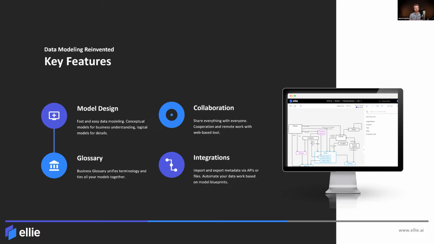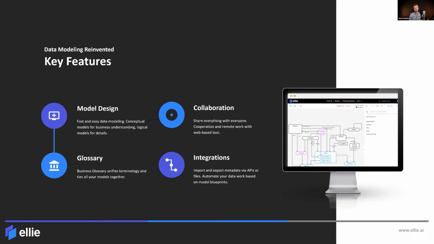So figuring out the business. The second level of data models that Ellie has is logical data modeling, where you can drive those models towards your technical implementation, the structures that you need for a specific use case.